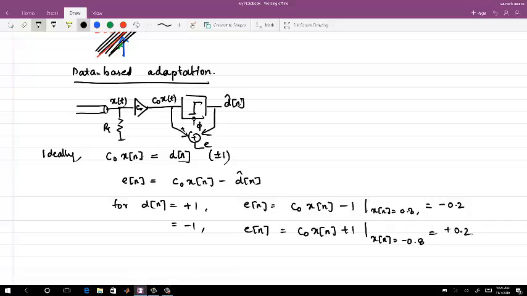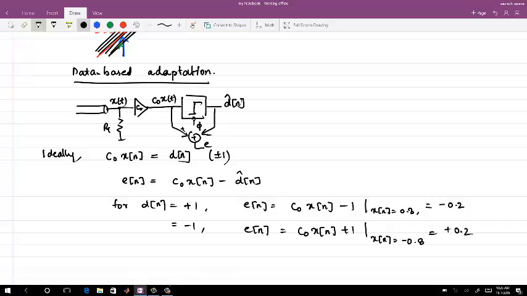If I want to correct for the error, should I look at the amplitude or the magnitude? If I make C naught equal to 1 by 0.8 in this case, the error is 0 for both the positive and the negative bits, right? Either you need both magnitude and sign and then multiply, or is there some other thing you can look for?